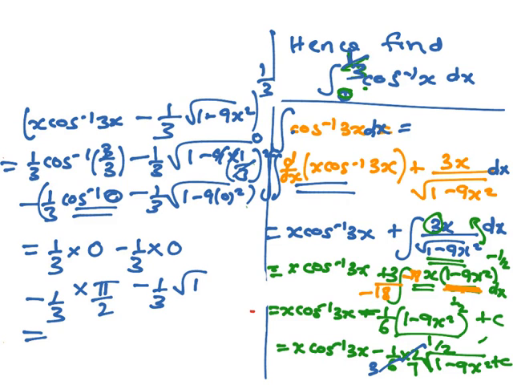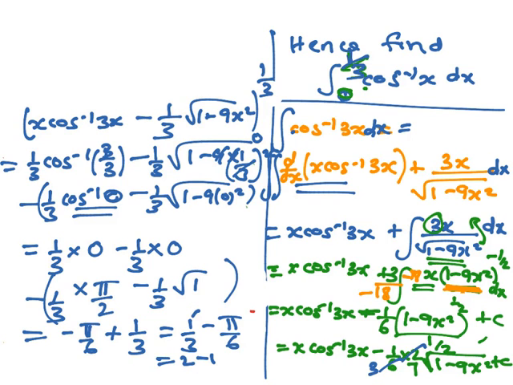So it is going to be minus pi on 6 plus 1/3, or 1/3 minus pi on 6, which is 2. If you times that by 2, minus pi all over 6, and that's your answer.